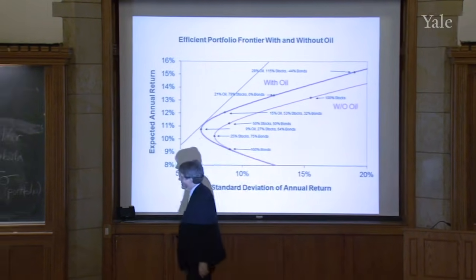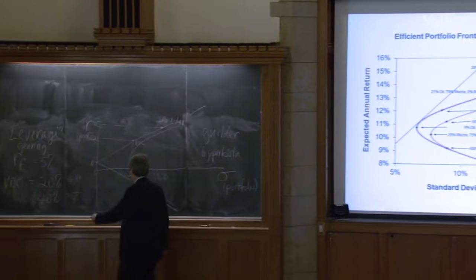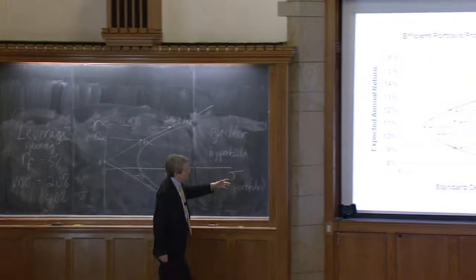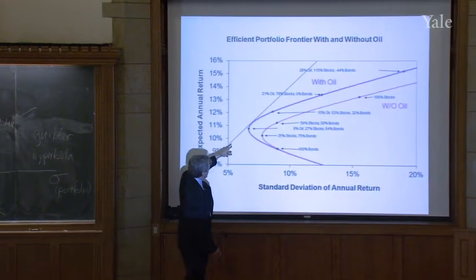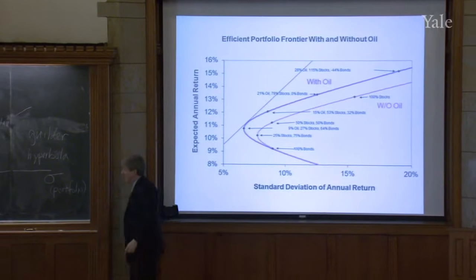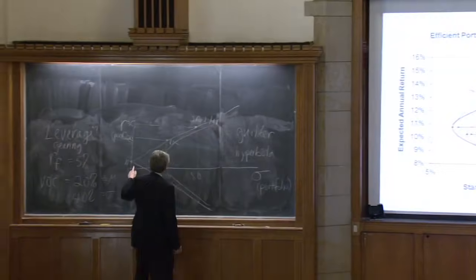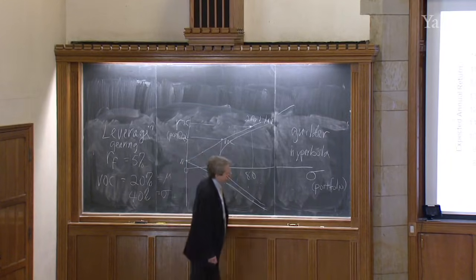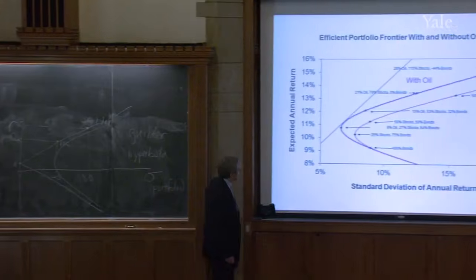Well, here it goes back to what I did over here with this simple diagram. I can pick any portfolio on the efficient portfolio frontier and consider that as if that were VOC, right? And then I can compute just how leverage allows me to combine that with the riskless asset and that portfolio.